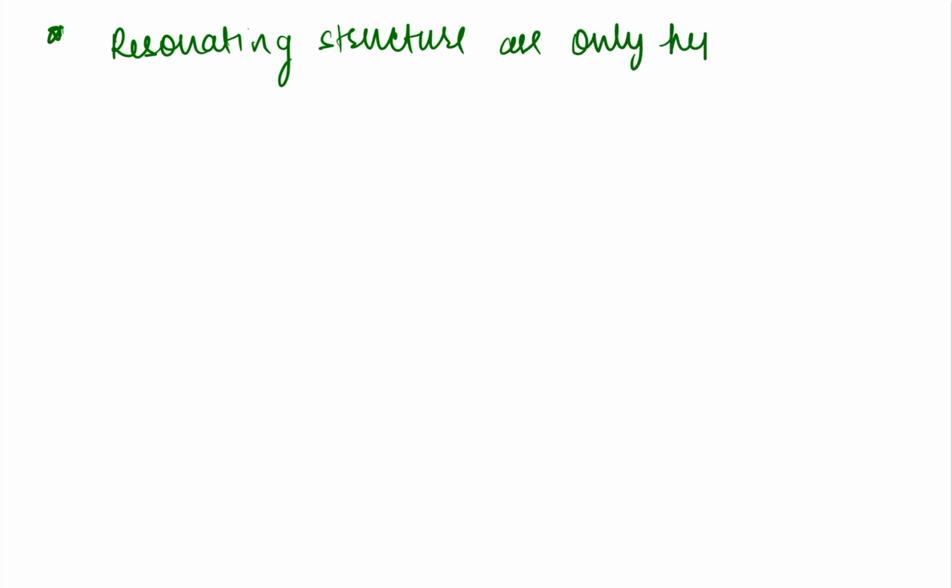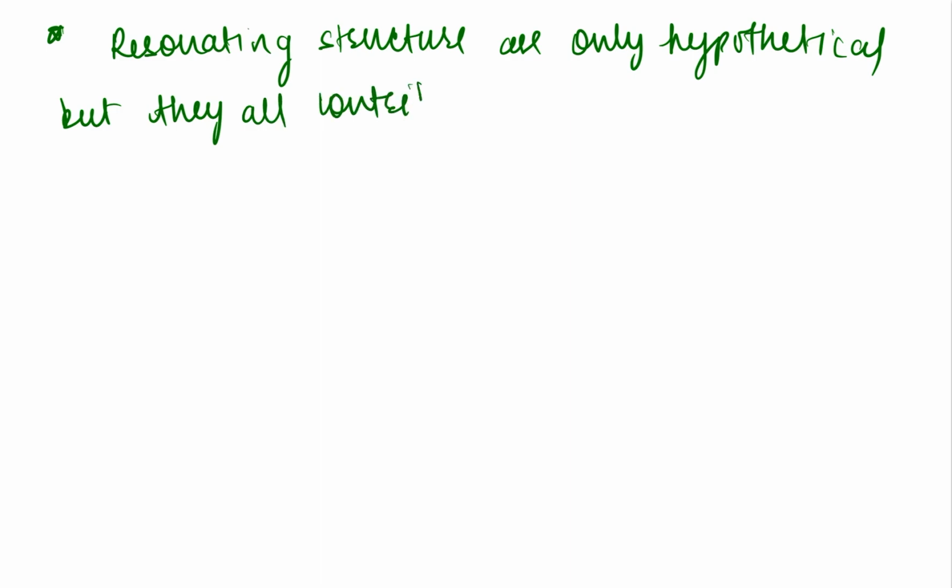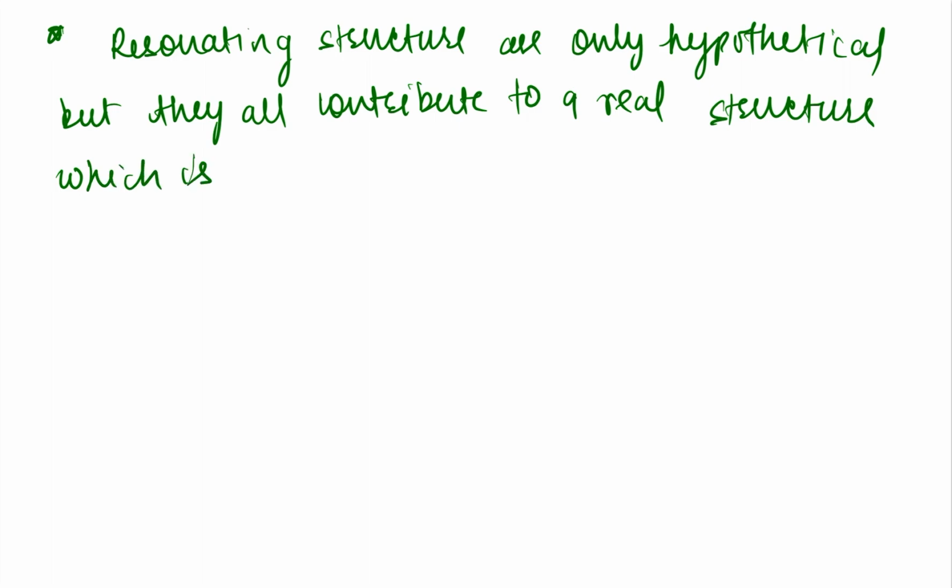So what is a resonating structure? The resonating structures which we are drawing are only hypothetical, but they all contribute to a real structure, which is called the resonance hybrid.